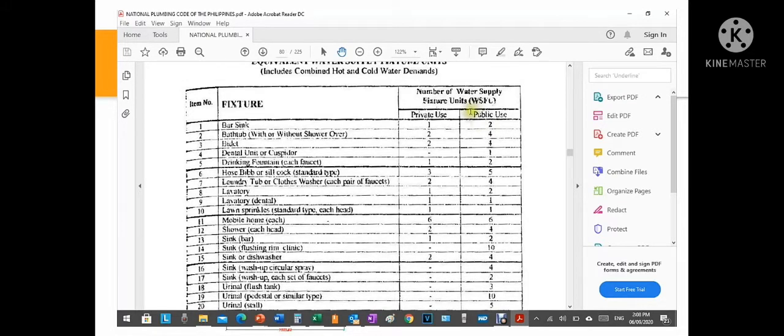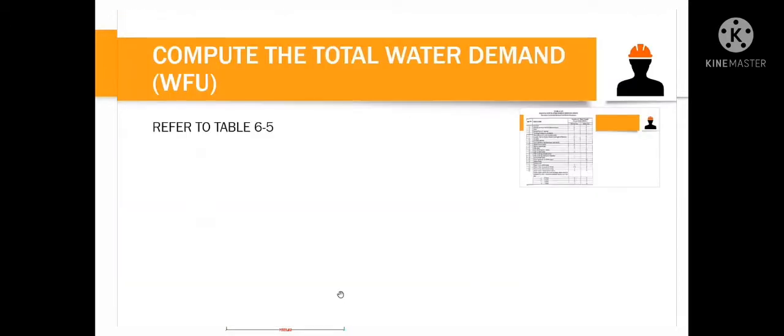Now, how are you going to convert this fixture unit into volume of water? We know already that one fixture unit is equivalent to 1 cubic foot of water consumed per minute, or 7.5 gallons per minute, or approximately 8 gallons per minute.